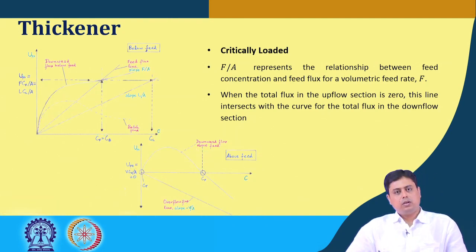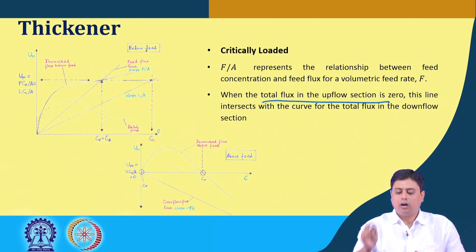So I hope you have got this point, because this is the critically loaded scenario, the critical point where the thickener is working. Critical means there is no particle flask in the upflow section. Total flask in the upflow section is 0.